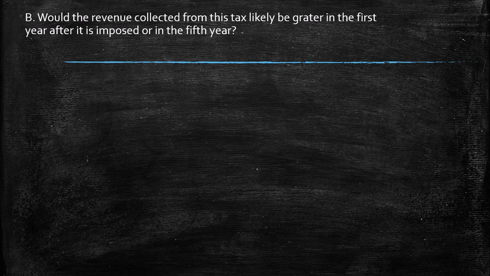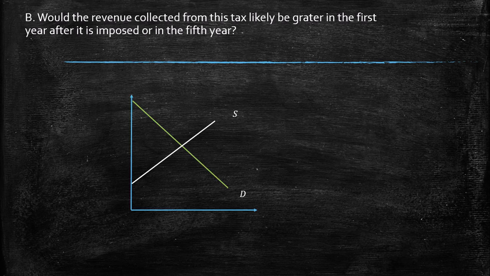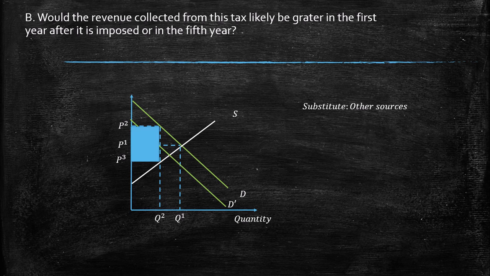Would the revenue collected from this tax likely be greater in the first year after it is imposed or in the fifth year? So I continue with my hypothesis that there's going to be a shift to the left to D prime. This blue rectangle was the case of the first year, and after the first 5 years, sorry.